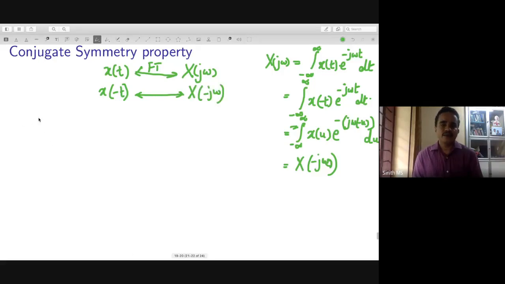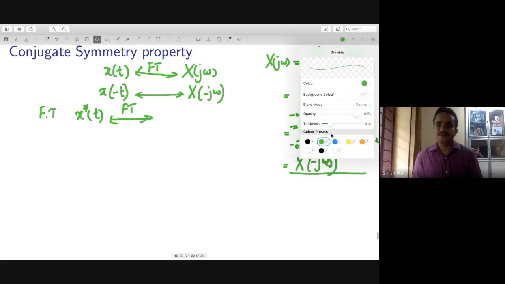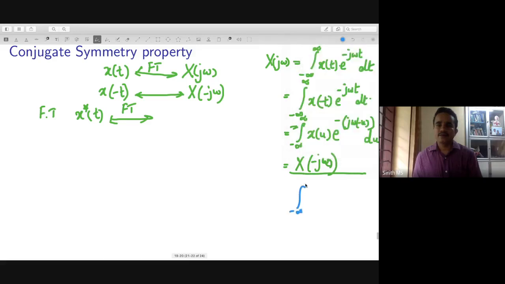Now what happens if you take the Fourier transform of x star t, the complex conjugate of x of t? To find the Fourier transform of this, you integrate from minus infinity to infinity x star t e raised to minus j omega t dt. This is what you want to find.